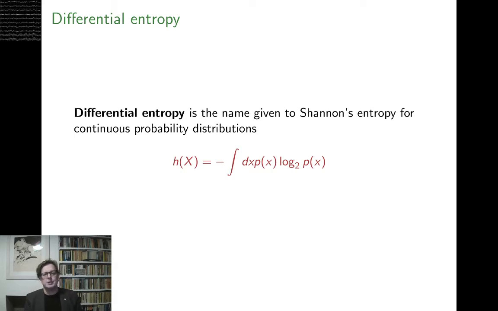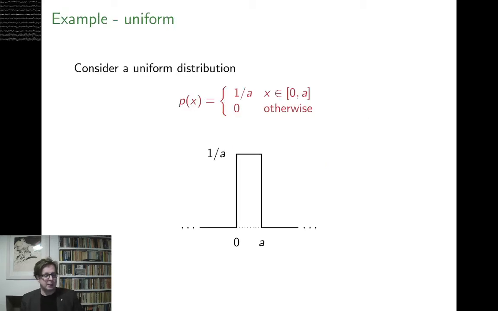And the mutual information, as we'll discuss, is a lot closer to the mutual information in the discrete case than the differential entropy is to Shannon's entropy. The differential entropy, as indicated by the little h, is a different object. Anyway, without further ado, let's do a couple of examples.